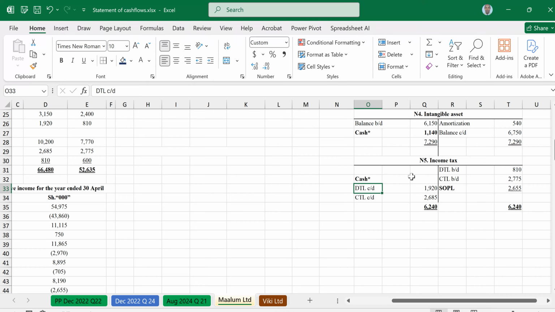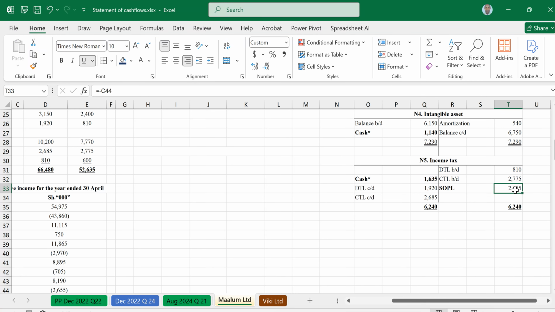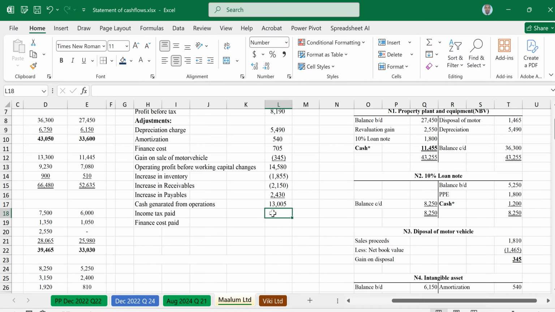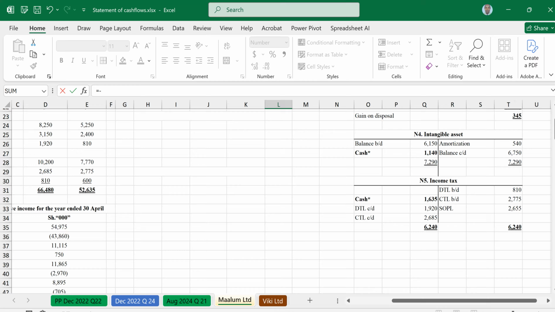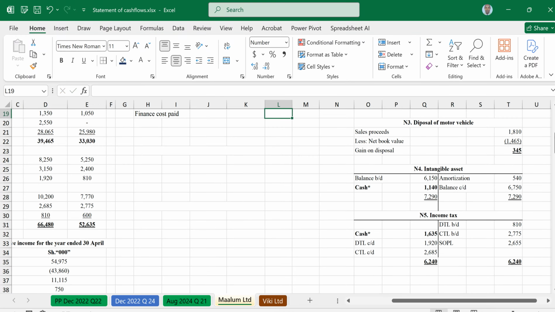In this case, the amount of tax paid is 62 minus 26 minus 1920, giving us 1635, the amount of income tax that was paid during the period. So we use negative 1635 as income tax paid.